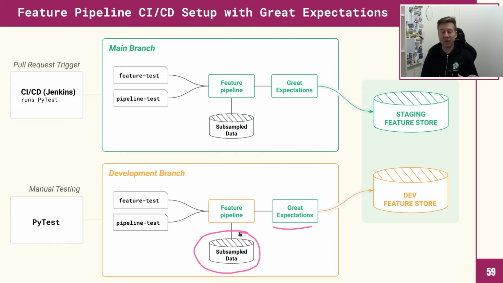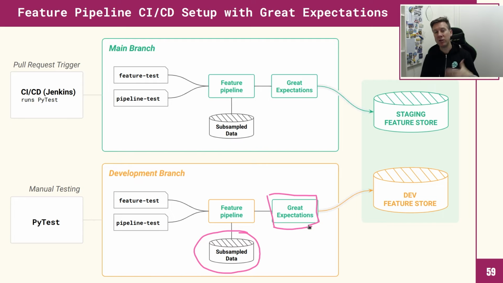Get a subsample of that and put it in your source code repo. So put it in GitHub, a CSV file, a Parquet file, and then when you're running your tests, what you can actually do in your pipeline test is read up that data, compute the features, and run the Great Expectations rules or expectations before the data is written to the feature store.